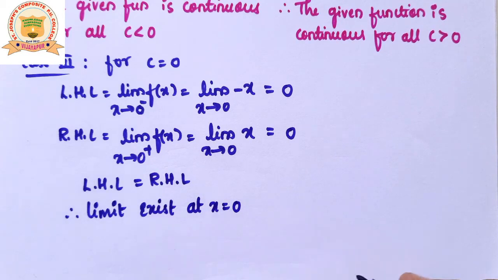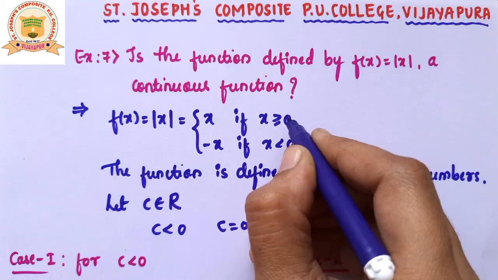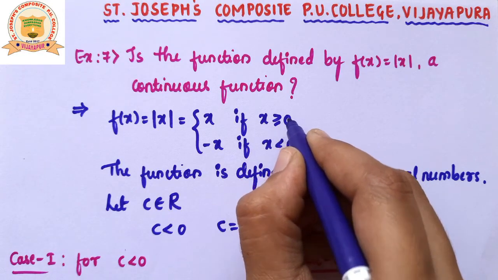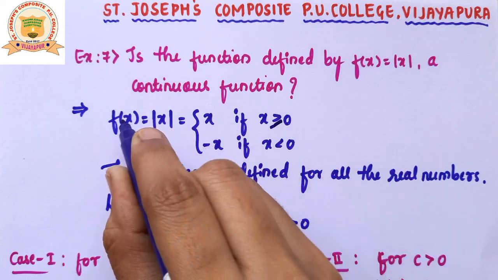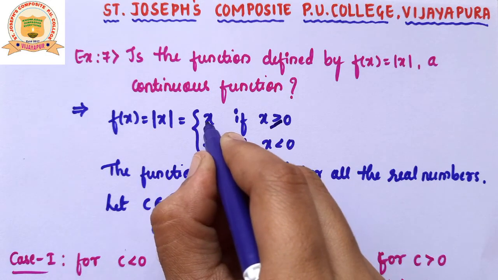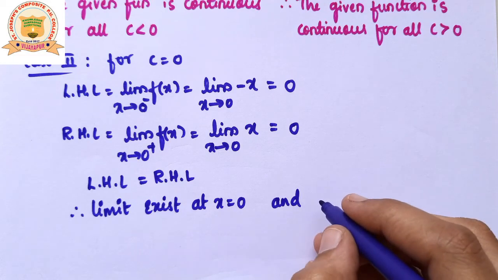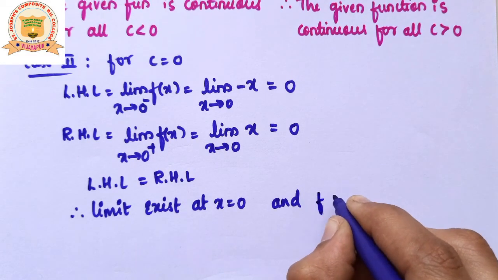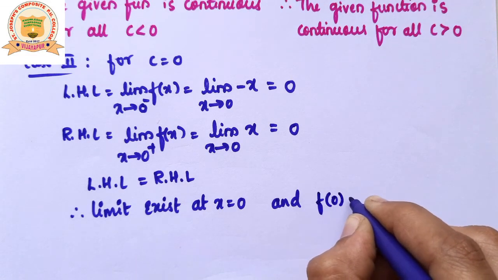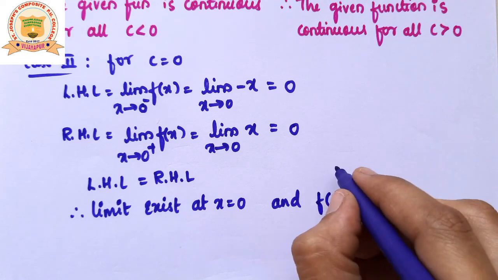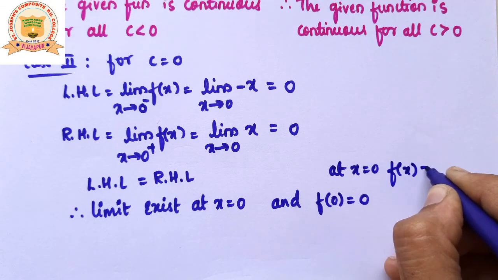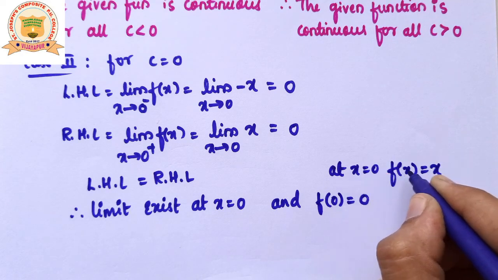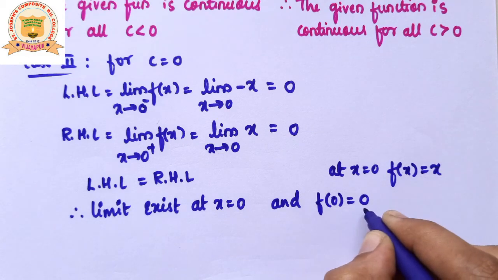What about the functional value at x is equal to 0? For x is equal to 0, what is the value of f of x? At 0, the functional value is x. F of 0 is 0 only, because at x is equal to 0, the functional value is x itself. If you substitute 0 in place of x, you will get f of 0 as 0 only.